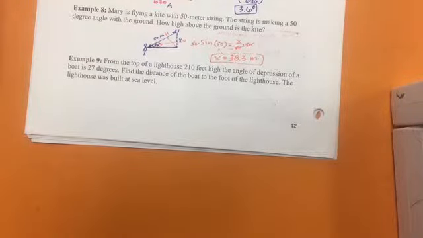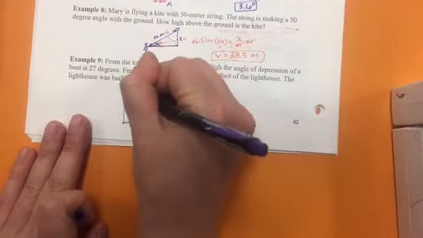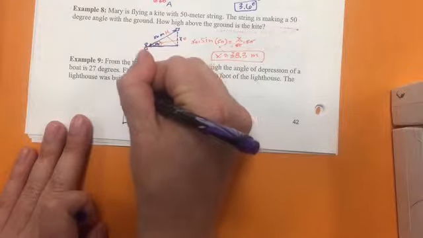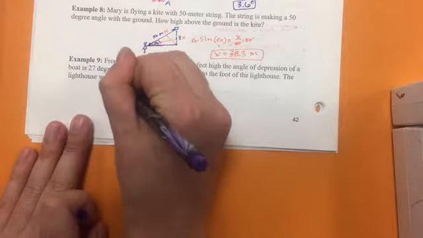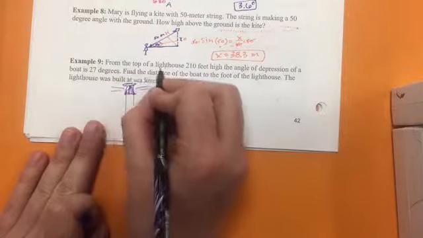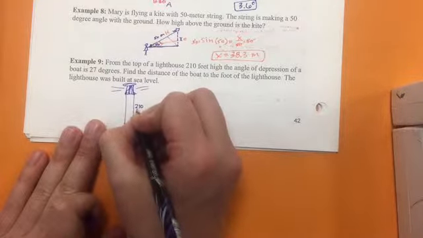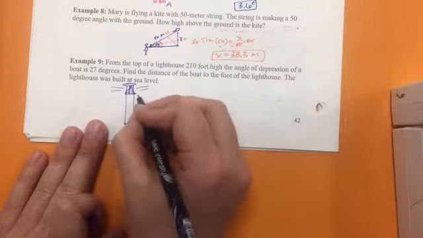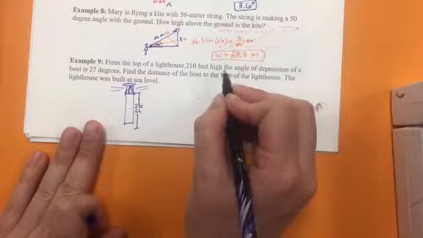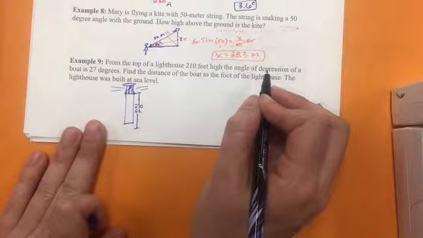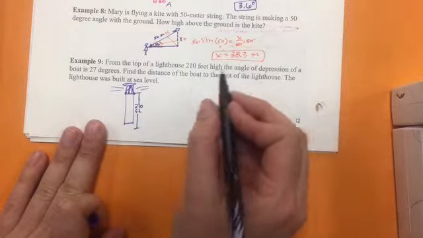Example 9. From the top of a lighthouse, wow, that's really bad. Pretend that's a lighthouse. Okay, top of a lighthouse that's 210 feet high. That's how high it is. The angle of depression of a boat is 27 degrees.